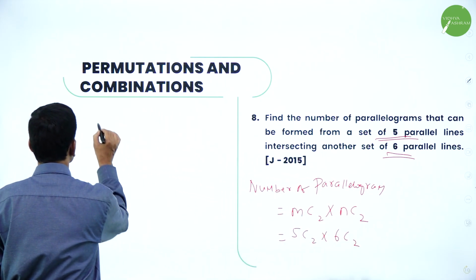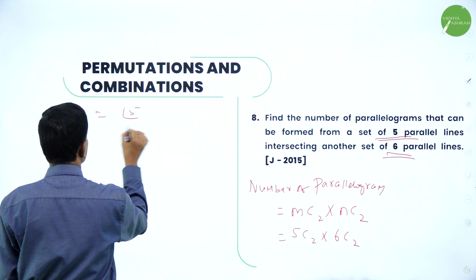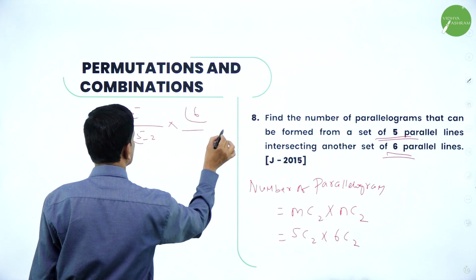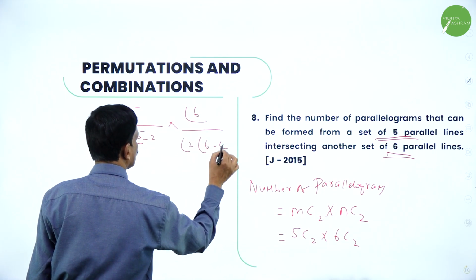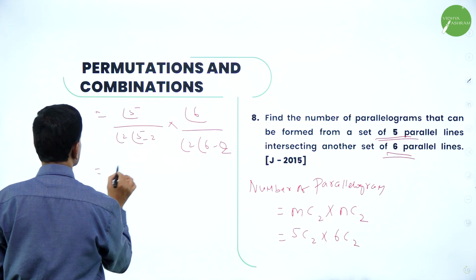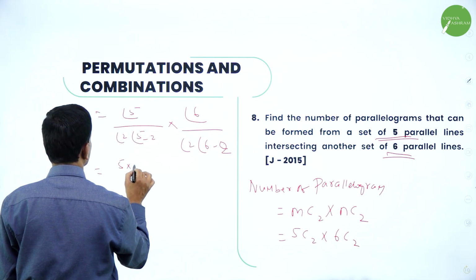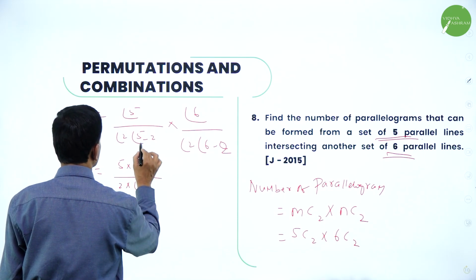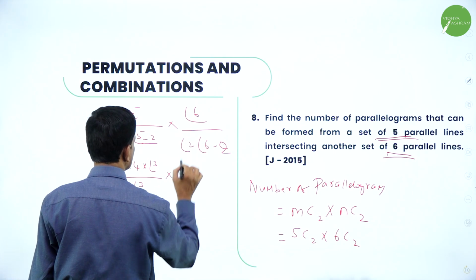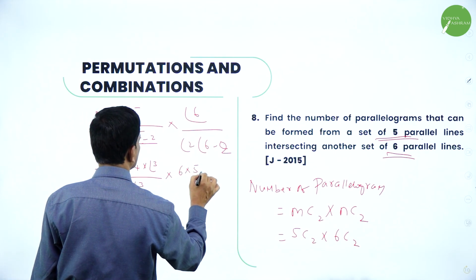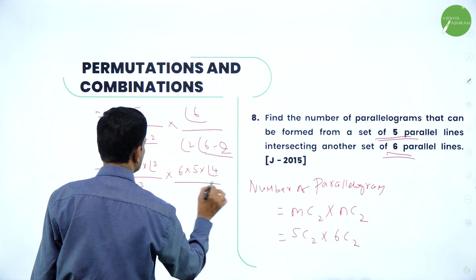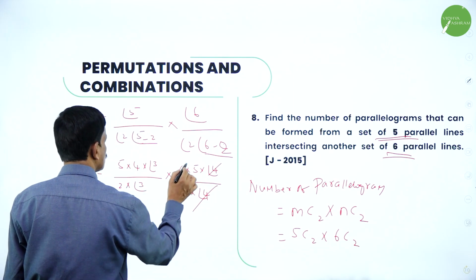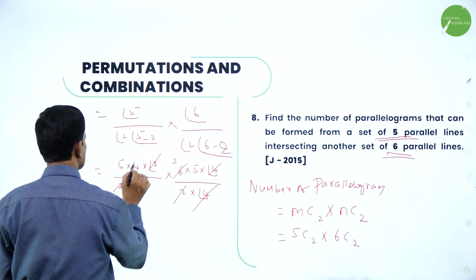Now simplify this. What is 5C2? Factorial 5 divided by 2 into (5 minus 2) factorial, into factorial 6 divided by 2 into (6 minus 2) factorial. Factorial 5 means 5 into 4 into factorial 3, divided by 2 into factorial 3, into 6 into 5 into factorial 4, divided by 2 into factorial 4. The 3 factorials cancel, the 4 factorials cancel, the 2s cancel.